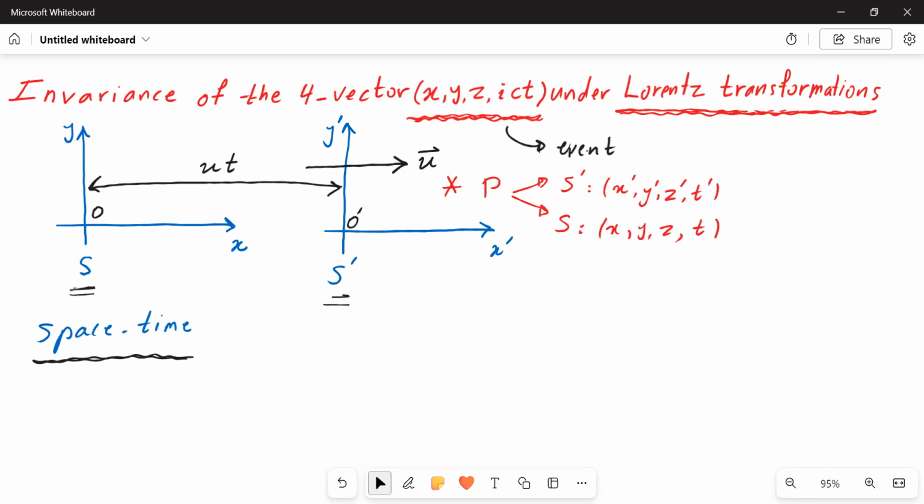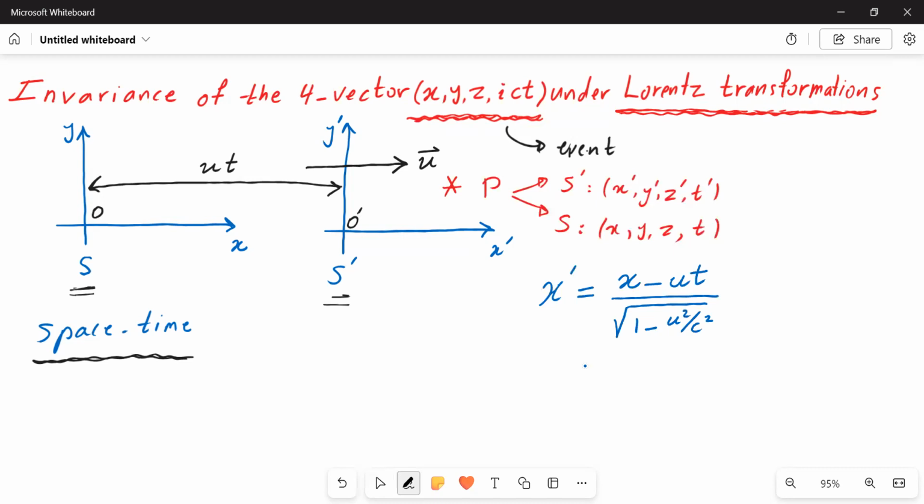So for this particular scenario, we can write X prime, which is the horizontal coordinate of this event measured by S prime. And that is given by what S measures for its X, minus ut, divided by the square root of 1 minus u squared over c squared.